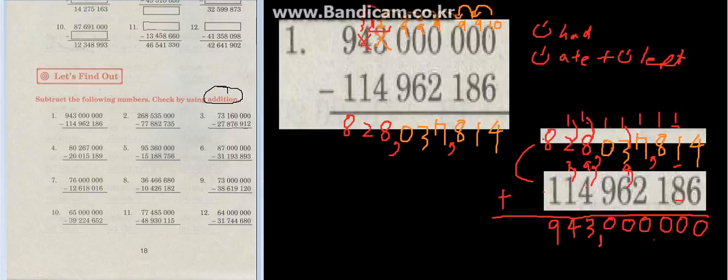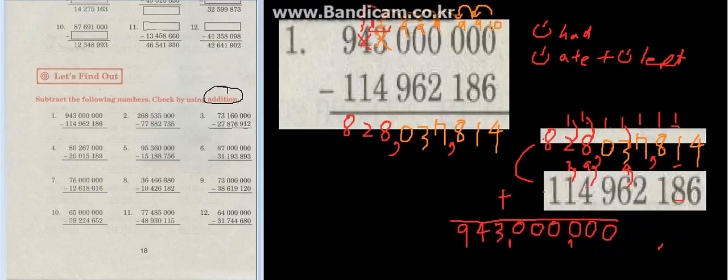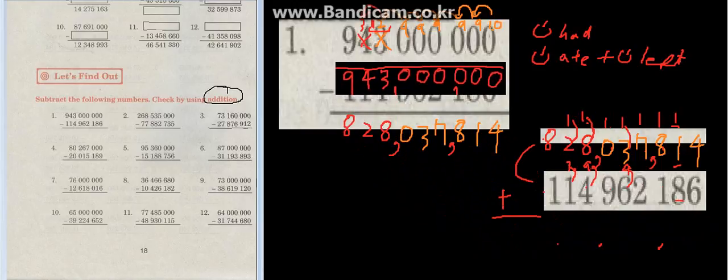So let's check if my value is correct. I think it's correct. Let's see. I'm going to move this value up here. Is the value the same? Yes, it is the same, 943 million. So number 1 is correct.